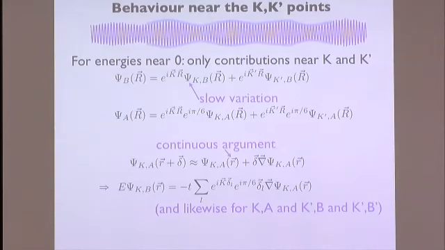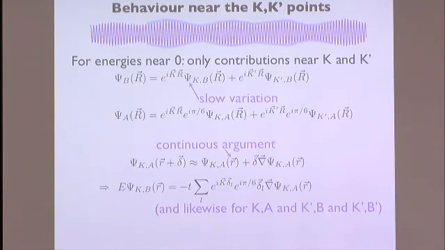So for example, if I were to write down psi of r on the B sublattice, and I want to remain at energies near 0, which means at wave vectors very close to these two special points, then I can split into two contributions, one coming from around the k point, one coming from around the k prime point, each of them being multiplied by a function that is slowly varying to only give small, tiny corrections to this wave vector k, for example.